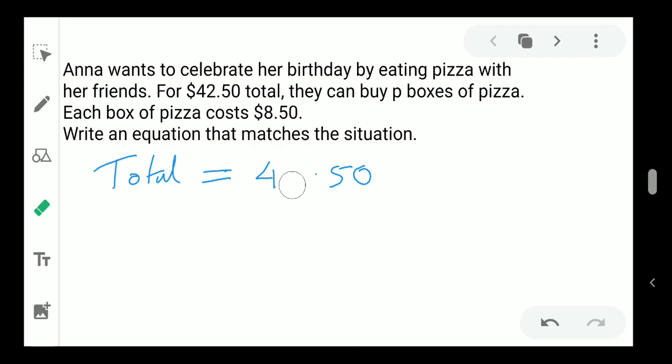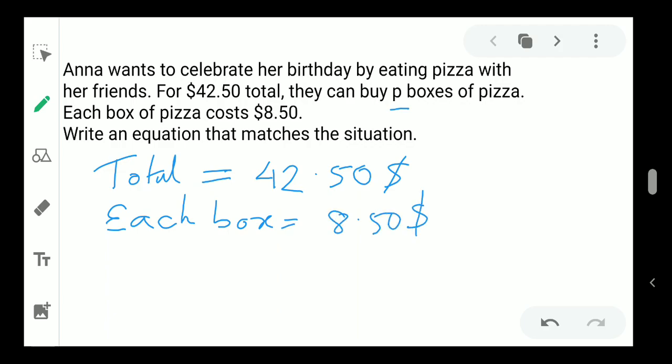They can buy p boxes. So p is the variable right here, p boxes of pizza. So the total money is this much, and they have to buy p boxes of pizza. Each box costs $8.50.